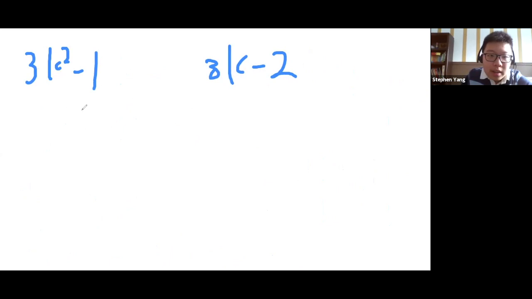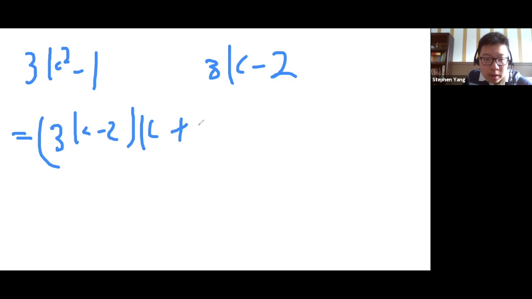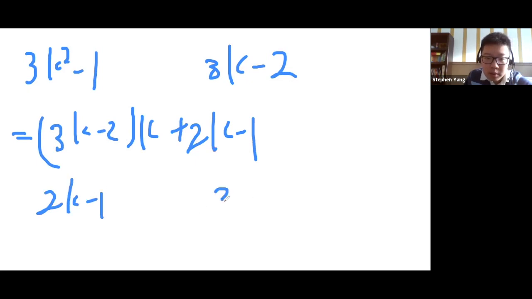So this is equal to 3k minus 2 times k, plus 2k minus 1. Now, the greatest common factor between these two terms is equivalent to the greatest common factor between 2k minus 1 and 3k minus 2.